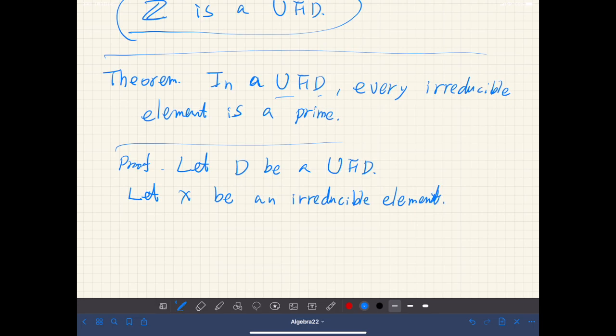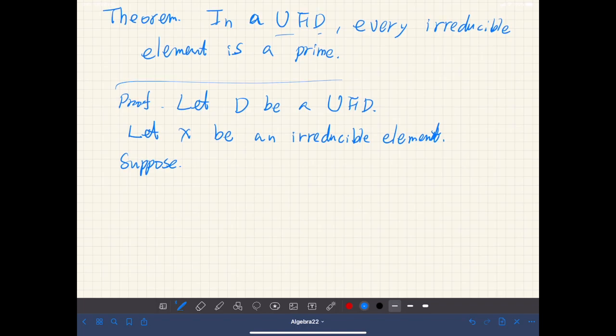Suppose x is an element of a unique factorization domain D. To show x is an irreducible element is prime, we first assume x divides ab, and we show that either x divides a or x divides b.